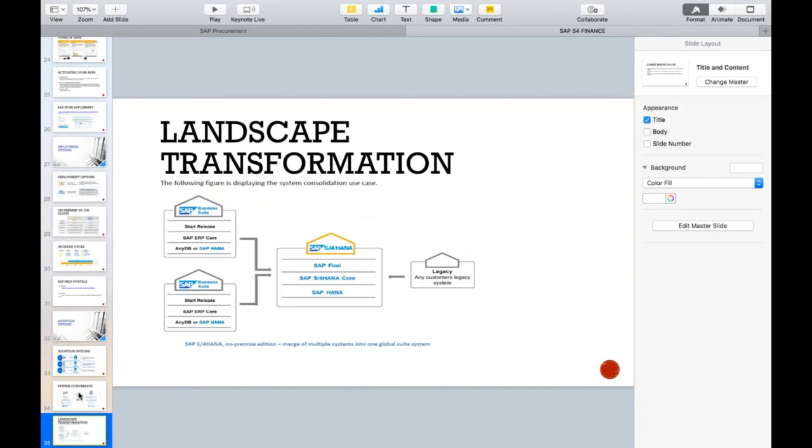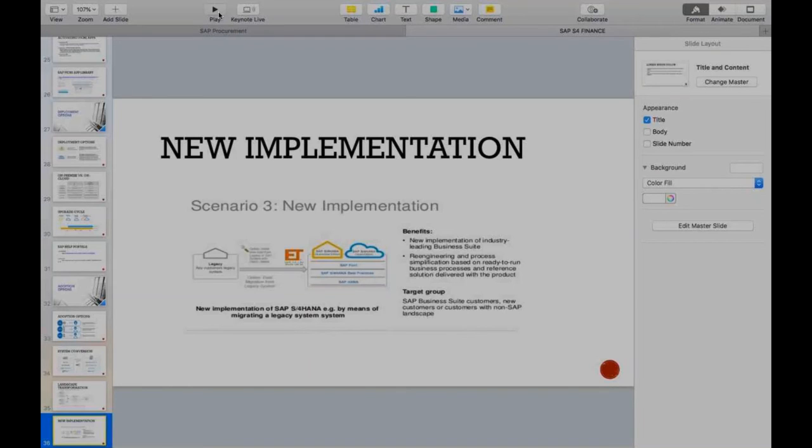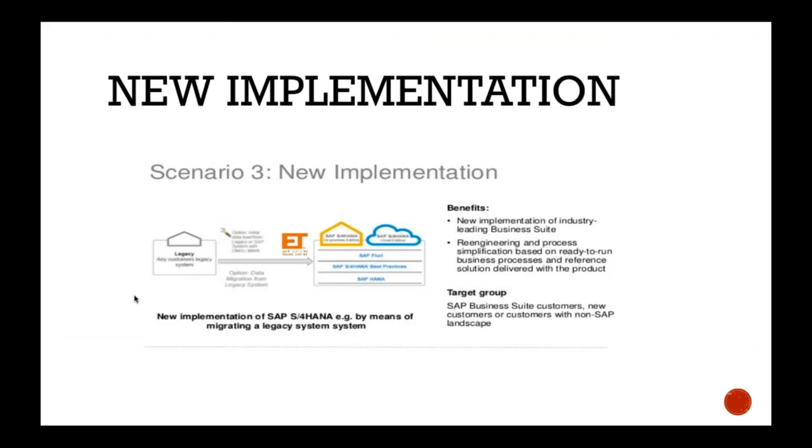And the last one is new implementation, where you currently have the legacy system. Legacy system can be any system, SAP, non-SAP. Why am I saying SAP? There are a lot of customers who are re-implementing. They already are using SAP, but they don't want to upgrade. They want to start from scratch. So for them, SAP is also the legacy system, right?